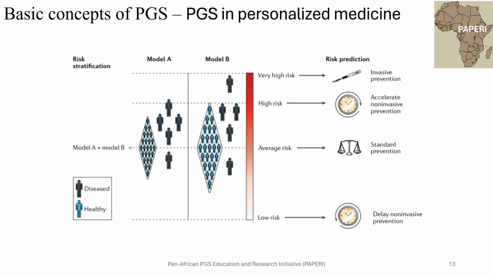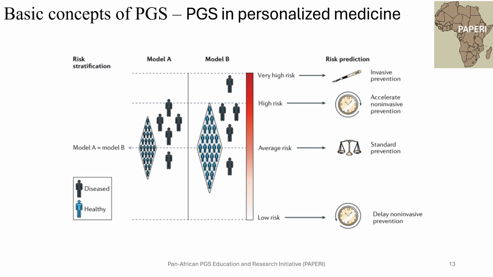But the closer and closer the polygenic risk score gets to perfectly separating out cases and non-cases, the more useful it can become in the clinic, and the more heavily we can weight that information for action in the clinical setting too. So here in this figure from the article I mentioned, we have two example models, Model A and Model B.